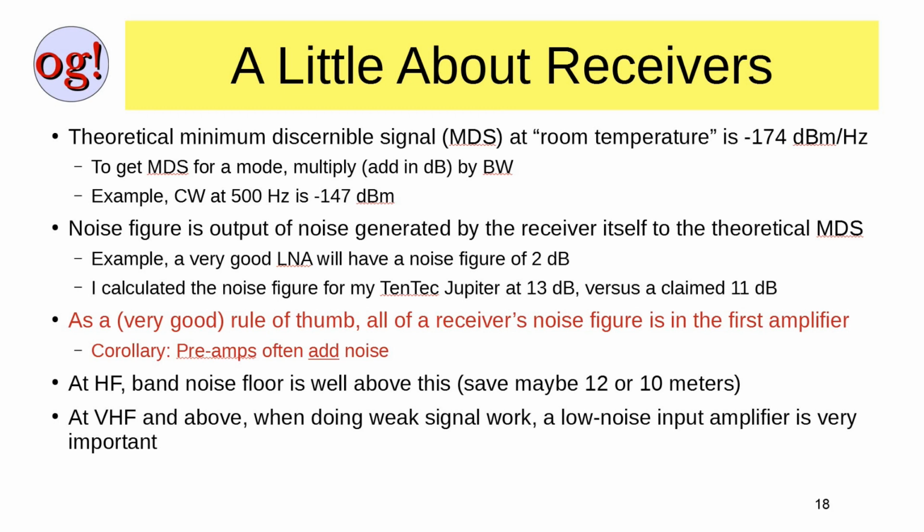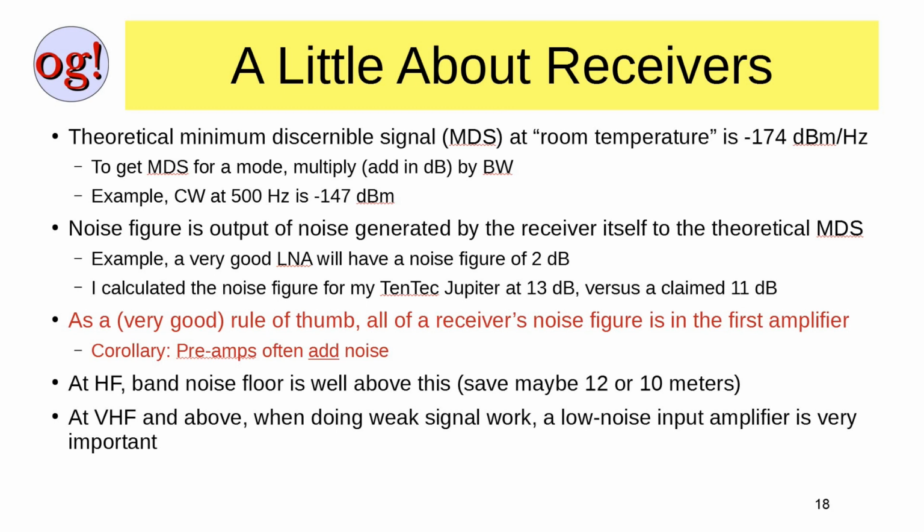So if there was a signal that was just barely hearable in the noise, it won't be now that you've gone through that LNA. Well, HF radios have horrible noise figures. I calculated the noise figure for my Tentec Jupiter at 13 dB. 13 dB. So instead of minus 147, it'd be minus 134 dBm, which is, the thing is adding that much noise.